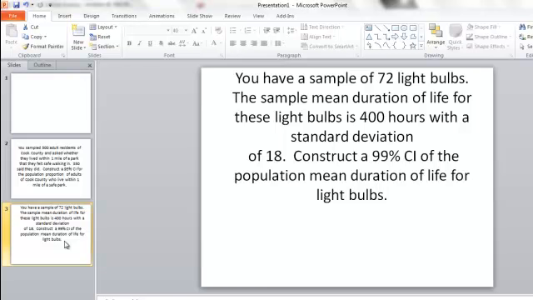The question wants you to construct a 99% confidence interval of the population mean duration of life for all light bulbs. Okay, so we're going to write down things we know. N equals 72. X bar is going to be 400. S is going to be 18.